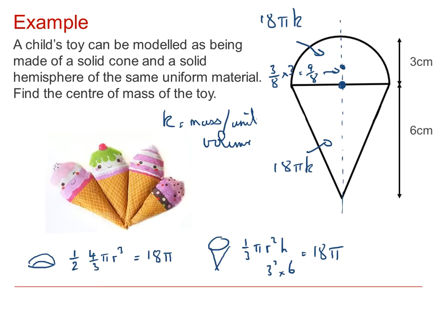And the position for the cone is at 1/4 its height, so this one here will be at 1/4 multiplied by 6, which is 3/2. So now we've got all the information we need, and again we can look at that in a table form.